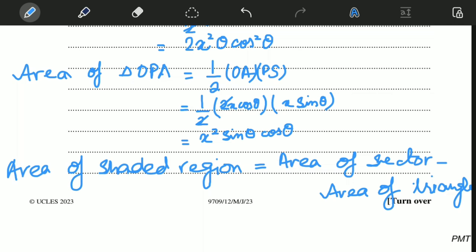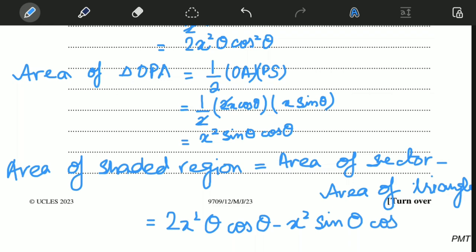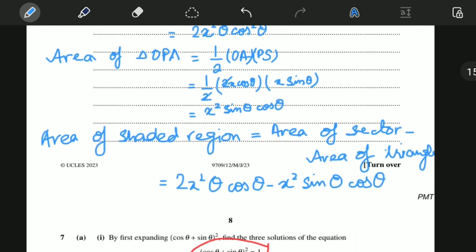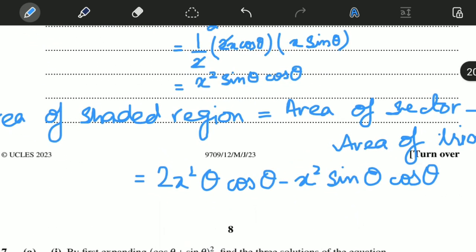Area of sector is 2x square theta cos theta minus x square sine theta cos theta. You can take something common and simplify this further, or you can leave it as it is.